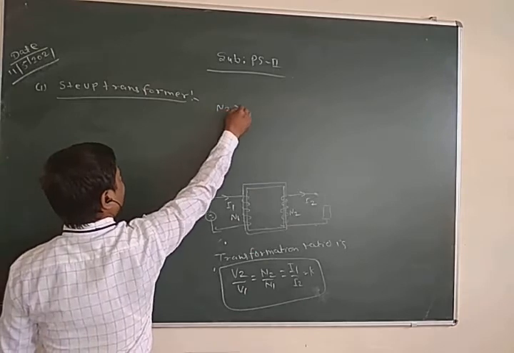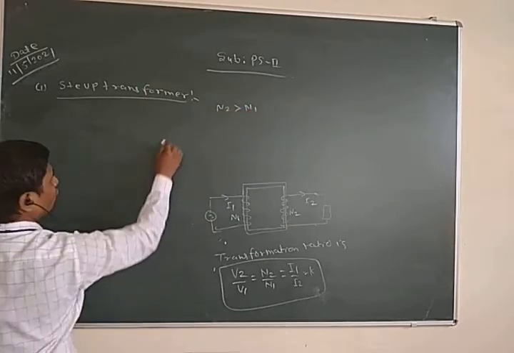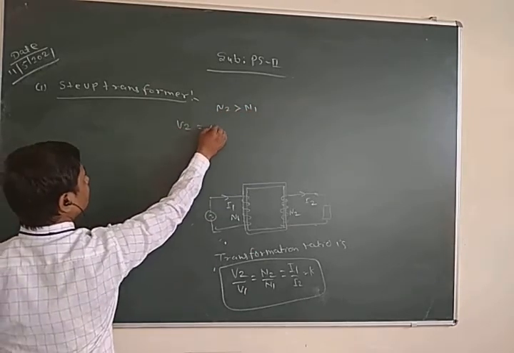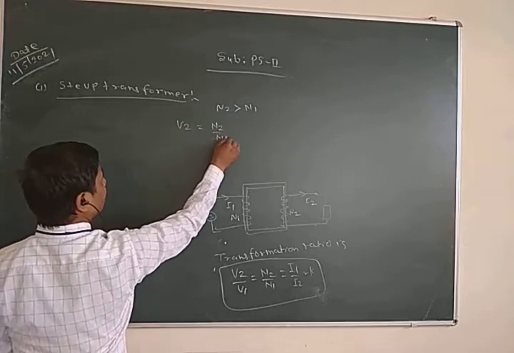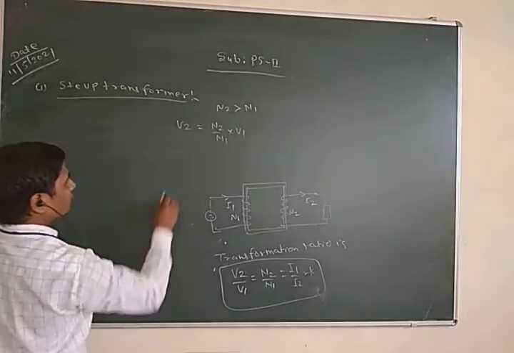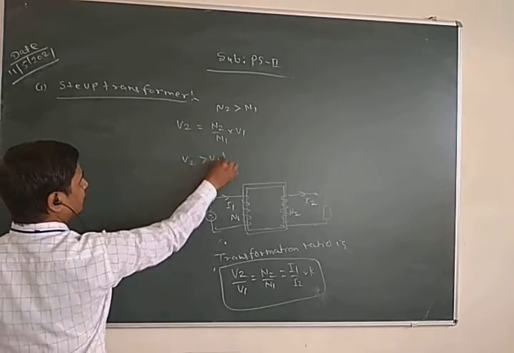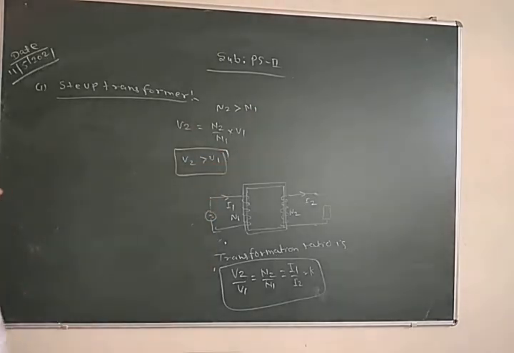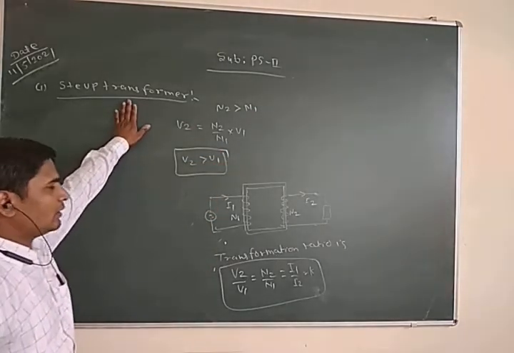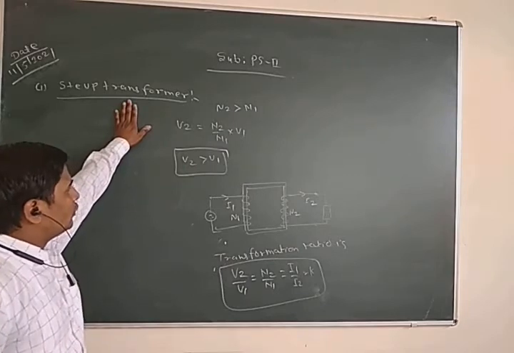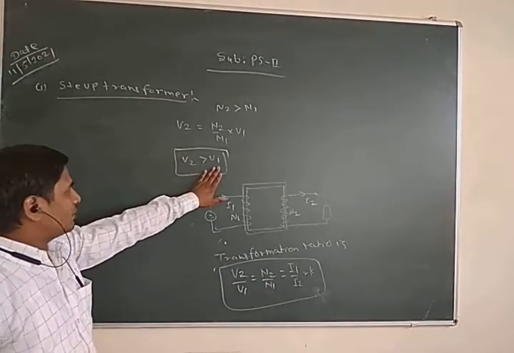N2 is greater than N1, so V2 = (N2/N1) × V1. So V2 is also greater than V1. It means a step-up transformer is used to boost or step up the voltage.